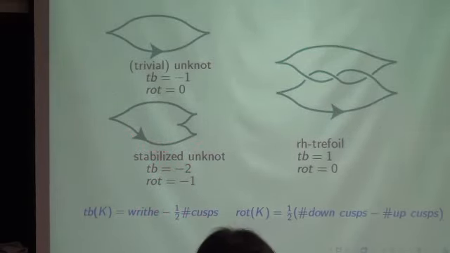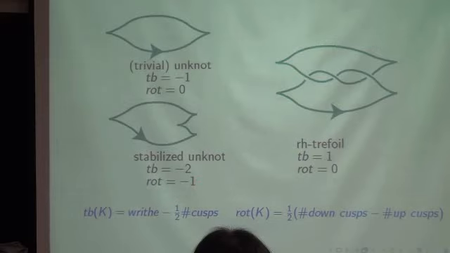So here we have 1, 2, 3, 4, so we get -2. And then the rotation is 1/2 the number of down cusps minus the number of up cusps. We look at this and we have 1, 2, 3 up cusps and then 1 down cusp. So we get rotation of -1.